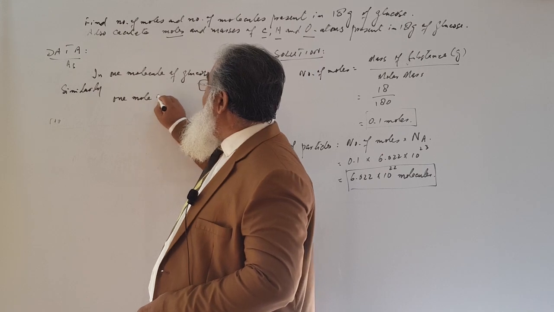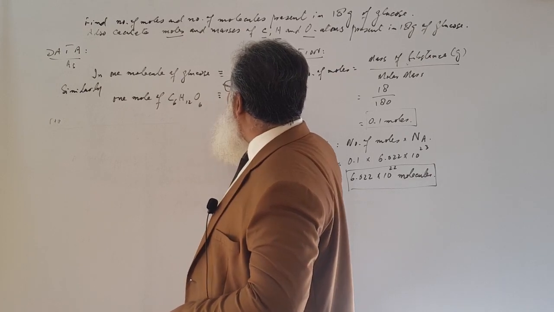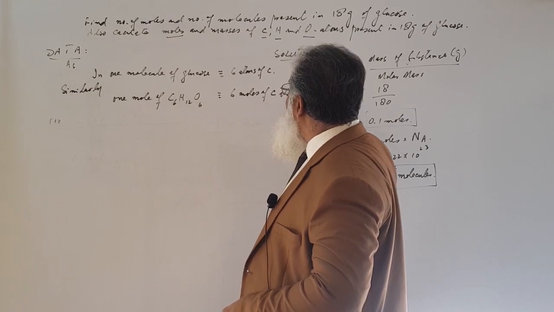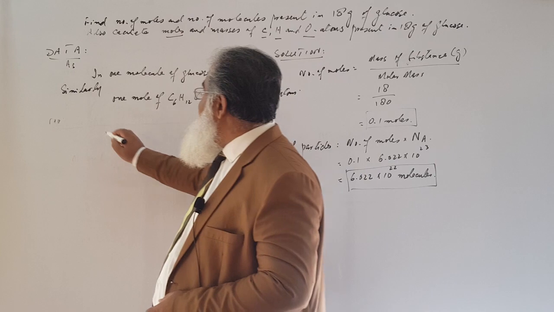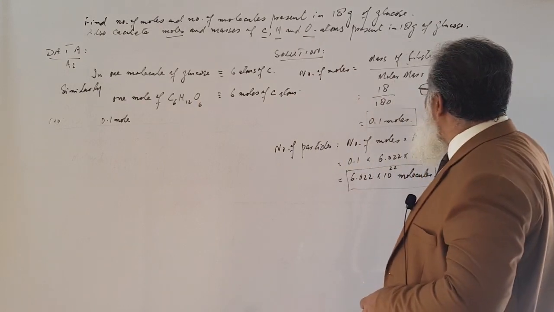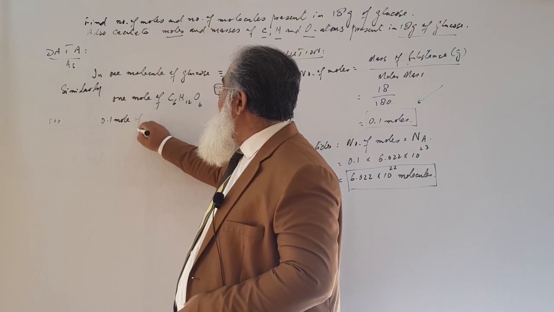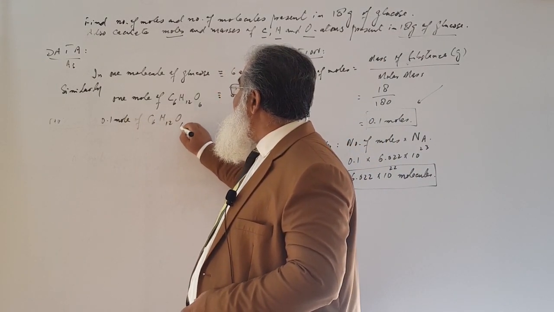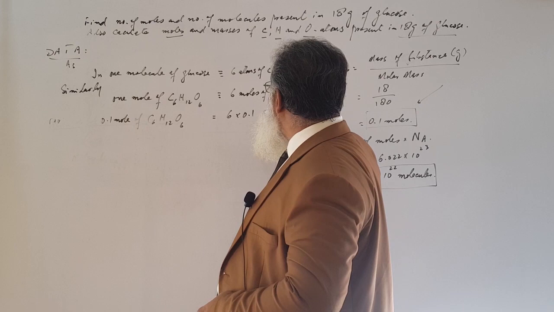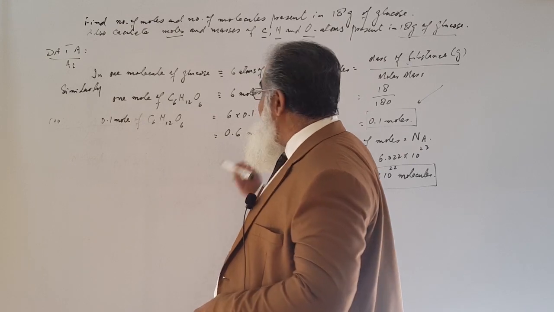1 mole of glucose is having 6 moles of carbon atoms, and hence 0.1 mole of glucose, which is calculated from 18 grams of glucose, 0.1 mole of glucose C6H12O6 will be having 6 into 0.1 moles of carbon, hence 0.6 moles of carbon.